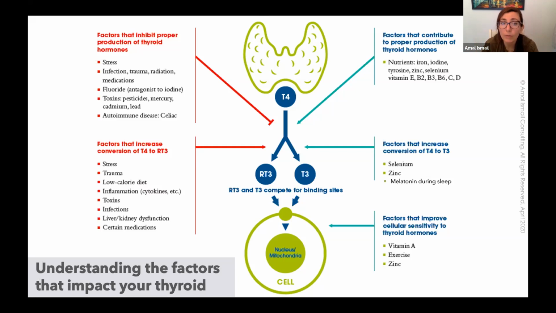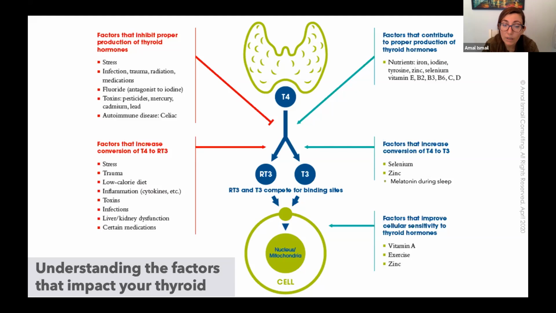Infection, trauma, radiation, fluoride that's commonly in your toothpaste actually works as an antagonist because it binds to the same receptor and prevents iodine from binding. And so as a result, we cannot produce T4. Toxins like pesticides, mercury, cadmium, lead, all of these have a negative impact on the production of T4. And autoimmune disease, celiac disease, a really important factor that Farah will discuss in more detail. Celiac and also non-celiac gluten sensitivity.